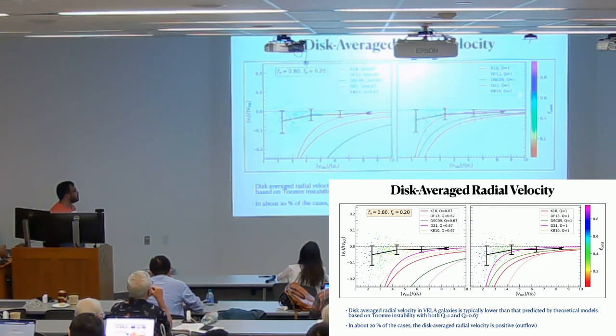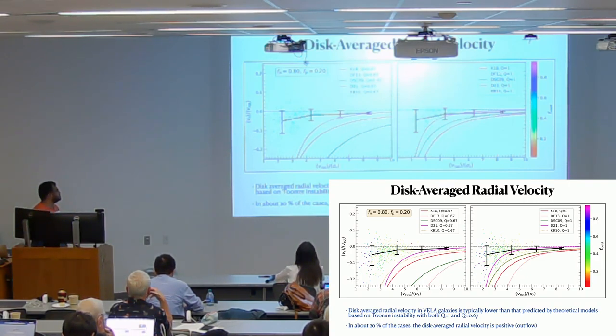Here we have the models for q equal to 1, and here we have models for q equal to 0.67. The black lines and error bars are just the median and the 1 sigma variation. You see that the theoretical models do not agree well with the simulated data. There's very little match between the models and the data.